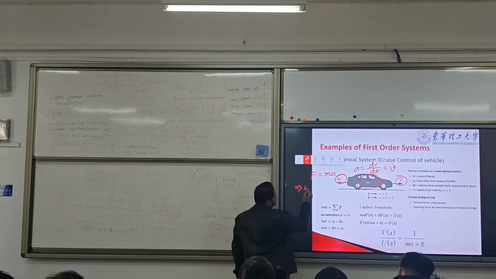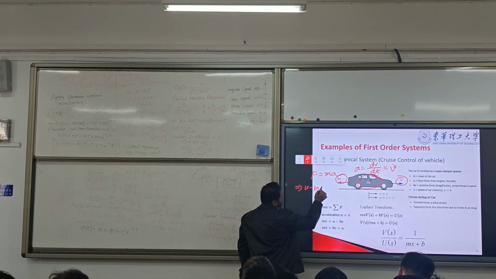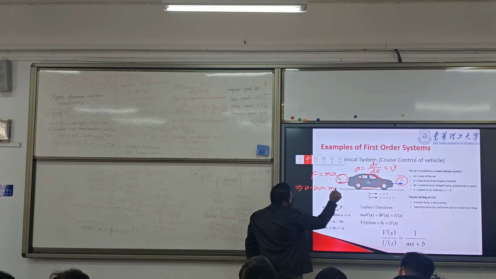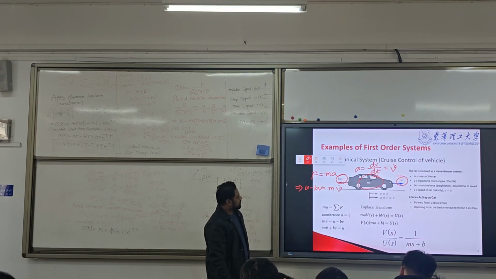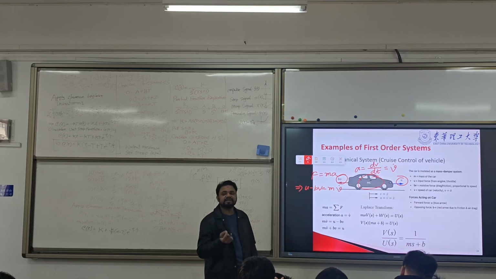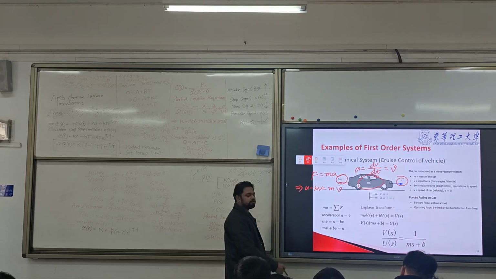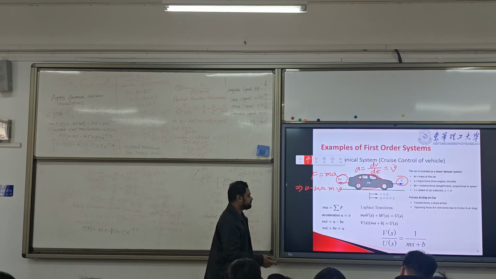So we can write u minus bv is equal to m into v dot. Now this is in time domain. We must convert it into s domain to find out the transfer function or gain.